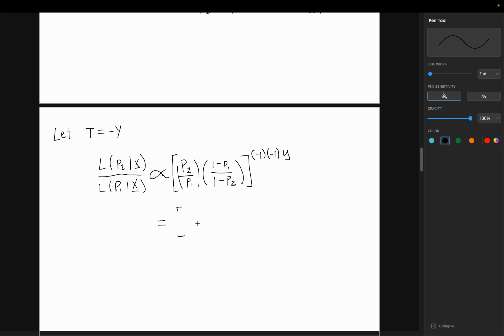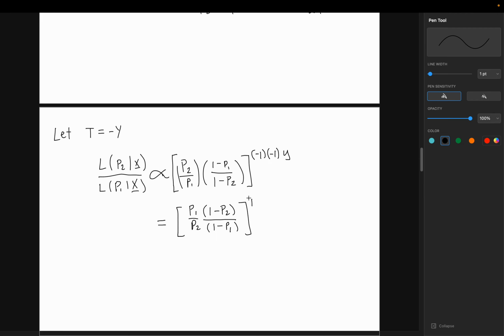which gives us p1 over p2, 1 minus p2, so everything's flipped, 1 minus p1, and so I put that power of negative 1 inside my square brackets, flipped everything around, and then I have negative y up here.